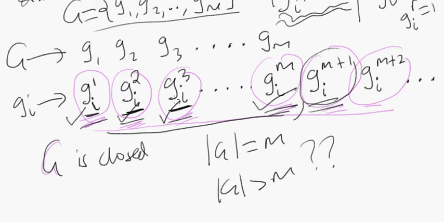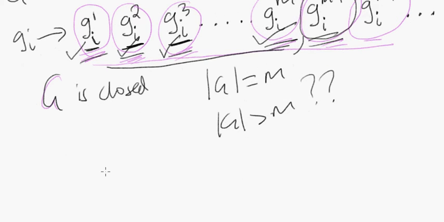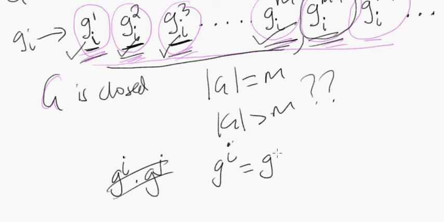It's one of the other g sub I's. Right, so let's evaluate that possibility. Suppose that g sub I actually equals g sub j.